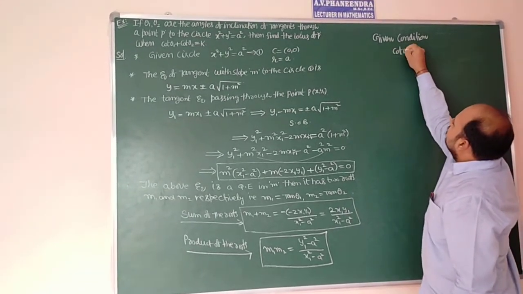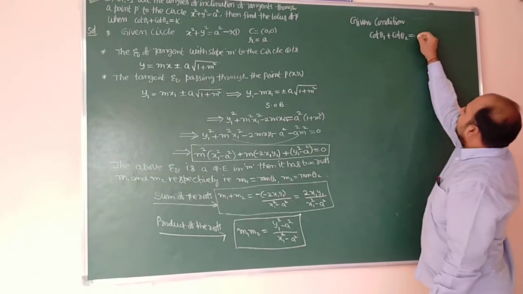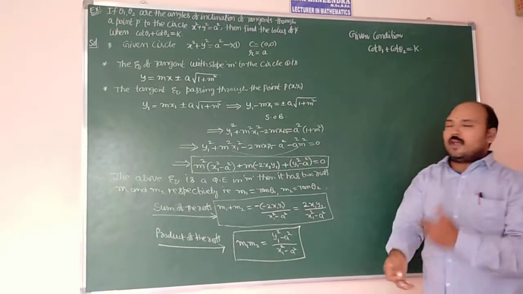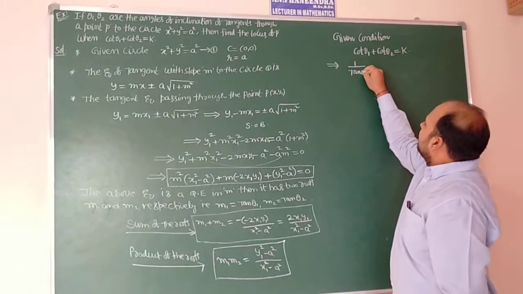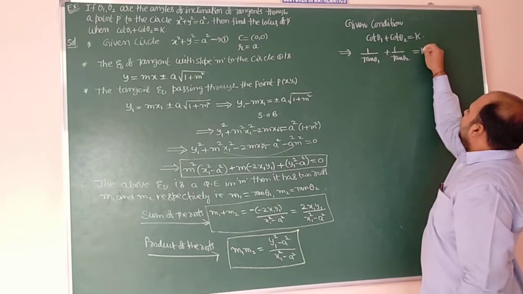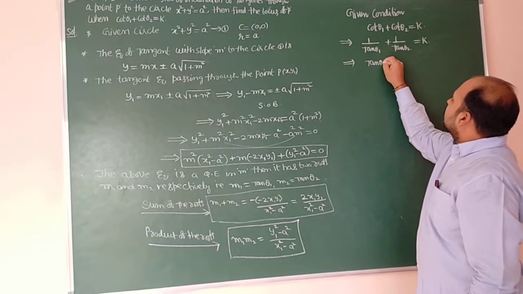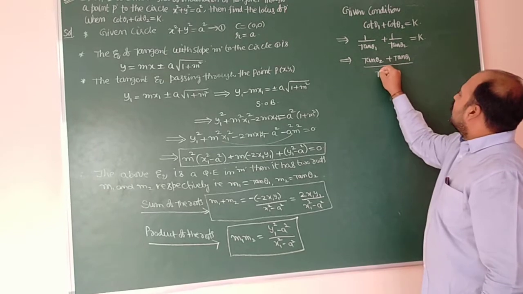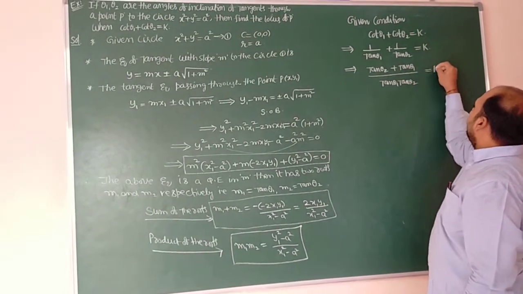Cot theta 1 plus cot theta 2 is equal to k. We have to write cot theta 1 and cot theta 2 in terms of tan. So 1 by tan theta 1 plus 1 by tan theta 2 is equal to k. Take LCM: tan theta 2 plus tan theta 1 divided by tan theta 1 into tan theta 2, which is equal to k.